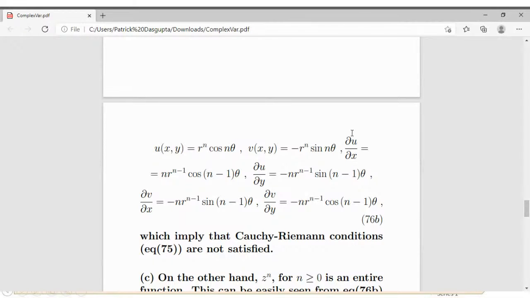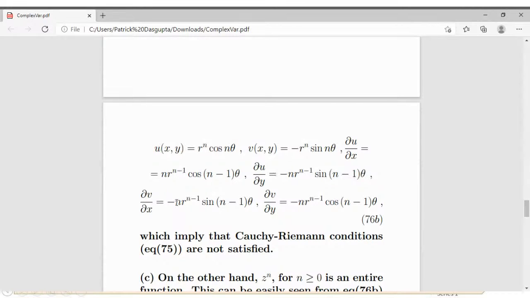So you have to take the partial derivative, and using equation 74a, you can prove that del u by del x is n r raised to power n minus 1 cos (n minus 1) theta, while del u by del y is minus n r raised to power n minus 1 sine (n minus 1) theta.